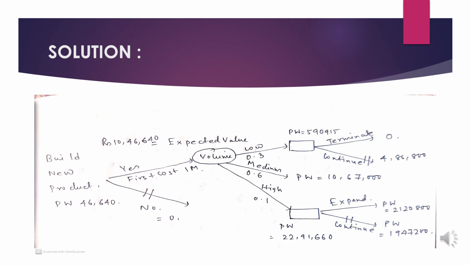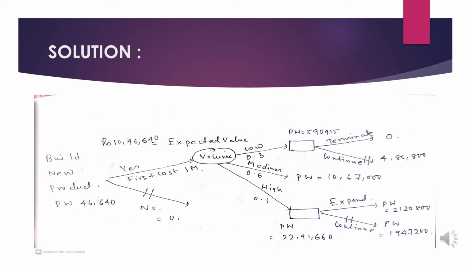So basically 46,640 is the profit amount against the option of 0. So the organization at the end of the day should be investing in this particular project and should be building the new product and also considering the further options which have been shown here.